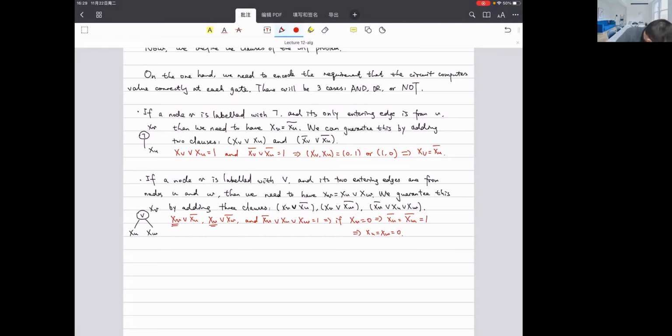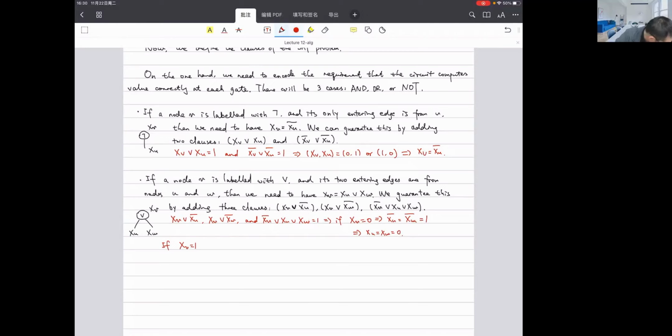And on the other hand, if XV equals 1, the place we are looking at is basically this clause. In this case, we know this value equals 0, and basically we need to make sure that this part of the clause must equal 1 here.